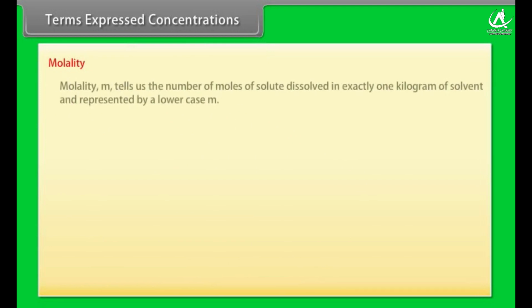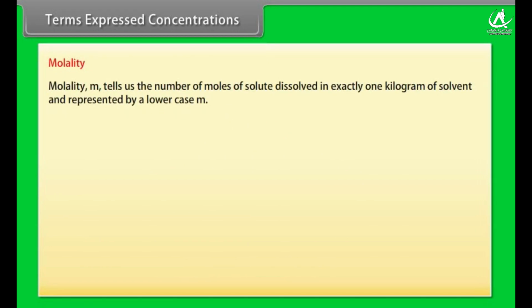Molality. Molality tells us the number of moles of solute dissolved in exactly 1 kilogram of solvent and is represented by a lowercase m. Molality is equal to moles of solute upon mass of solvent in kilogram. Mole fraction.